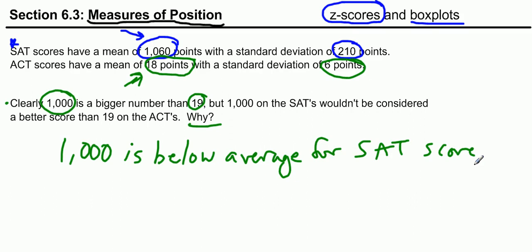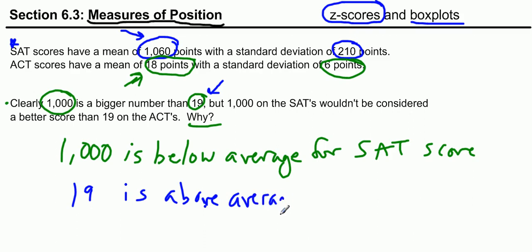So if somebody scored 1,000 on the SATs, it's a good score, but it's a little bit below the average. On the other hand, this 18 points, or 19, sorry, that we're talking about on the ACT, 19 is considered above average for the ACT score.